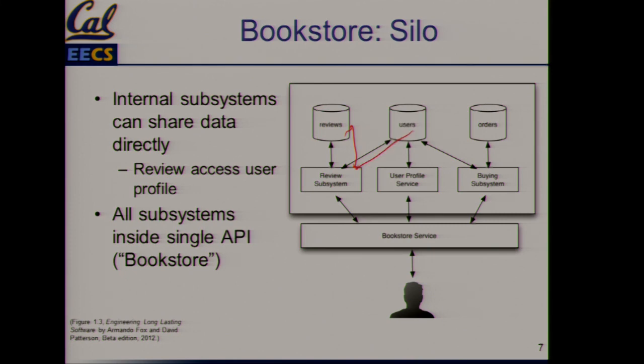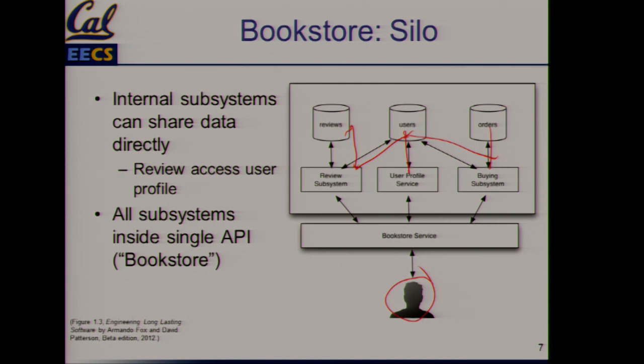You have to interact with users and the user profile. All these pieces are well connected together, and because it's behind the wall, you can easily do this fast. It's shared memory, so it runs really well. The only interface to this is the single API from the user on the outside to this bookstore service. That's the wall as the API.